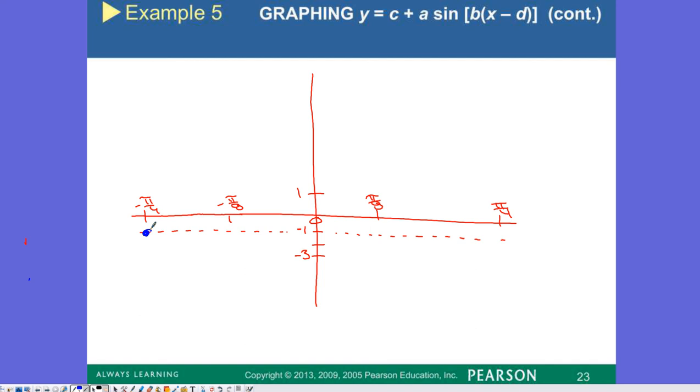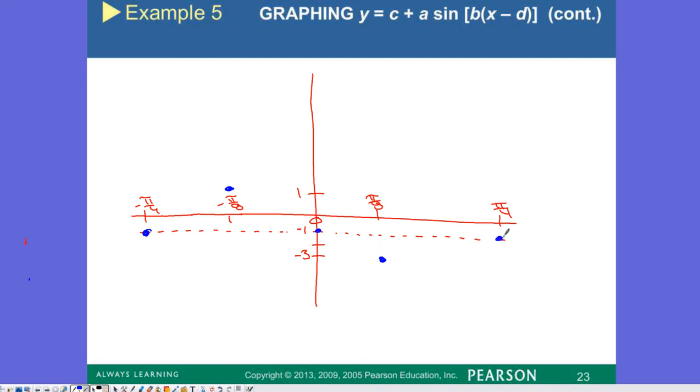My amplitude is positive 2, so the sign is positive. So sine has to start going up, up to 1, then 0, down to negative 1, down to negative 3, and back up to negative 1.